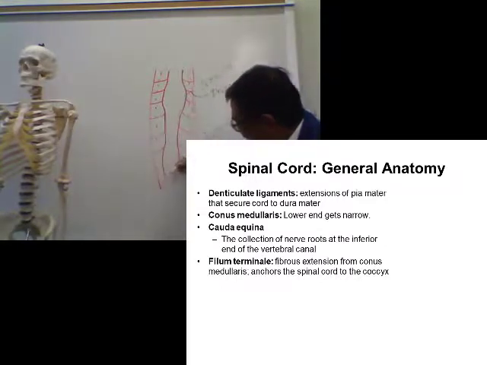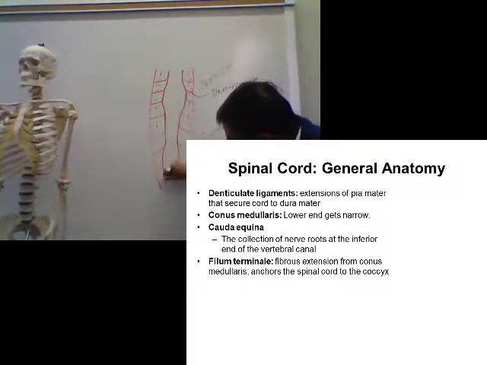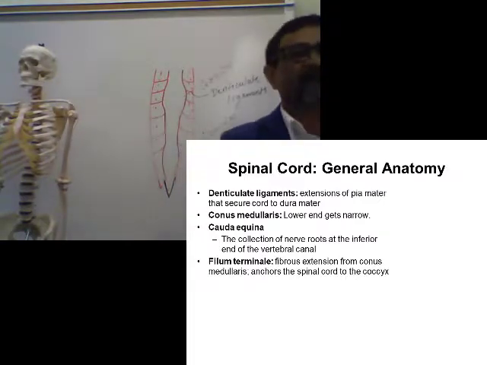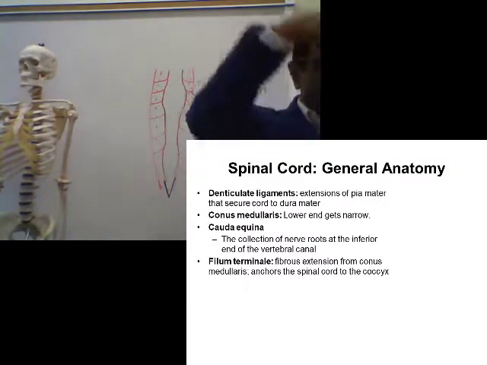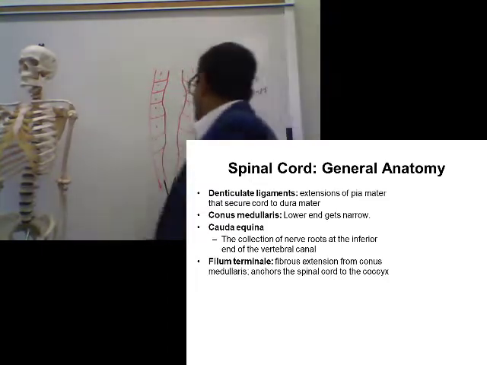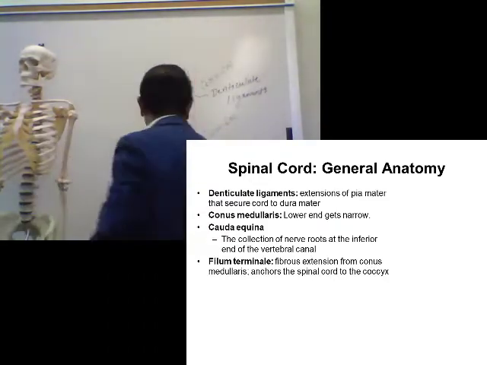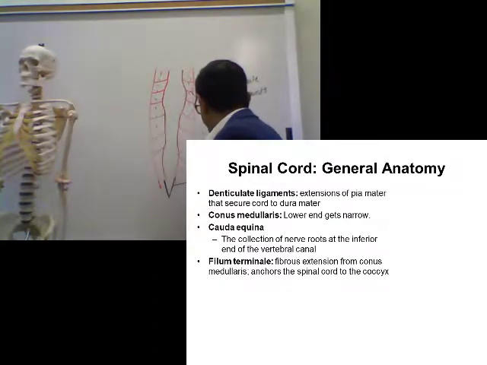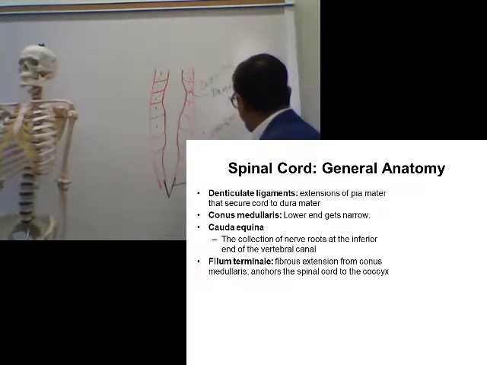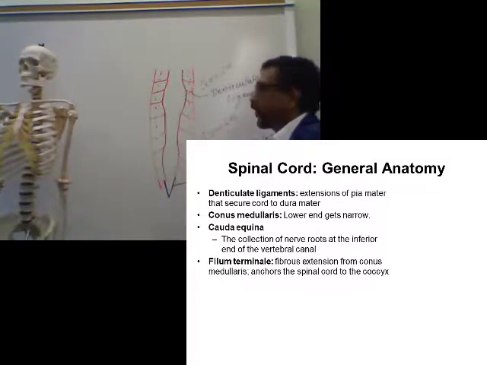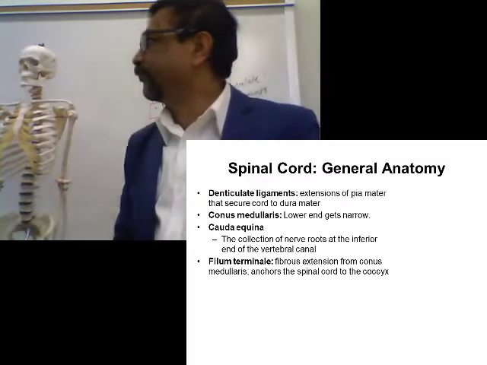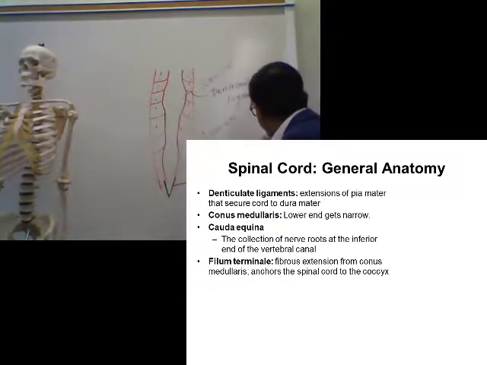The lower end of the spinal cord is cone shaped, conical, like it goes like this. And that end is called the conus medullaris, the cone shaped lower end, at L2.